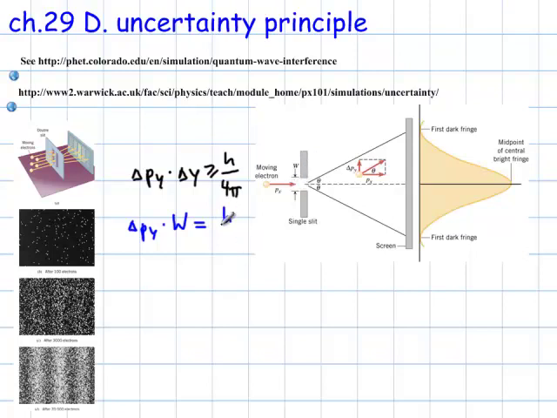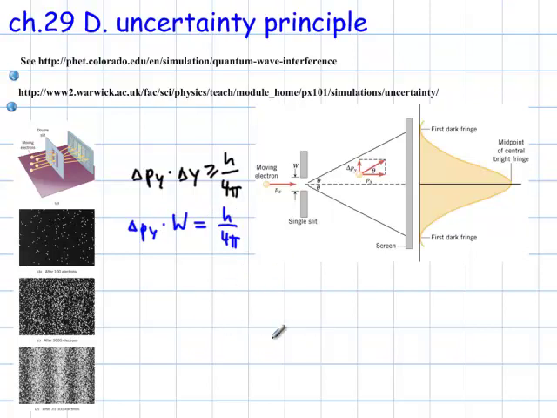And then in order to get a true result, I change the larger than to an equal, so we actually come up with a number. Okay, and as we can see, things are given here. Delta Py equals h over 4 pi W.